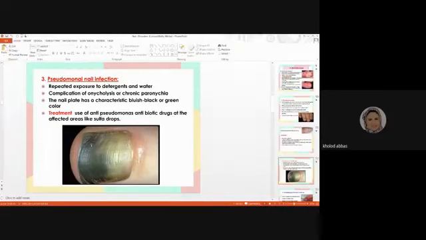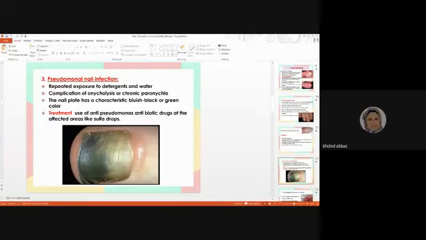So there will be a space between these two layers, the nail plate and the nail bed. This space is a good area for colonization of infection because there is humidity, water, and moisture, so it will help the growth of infection.